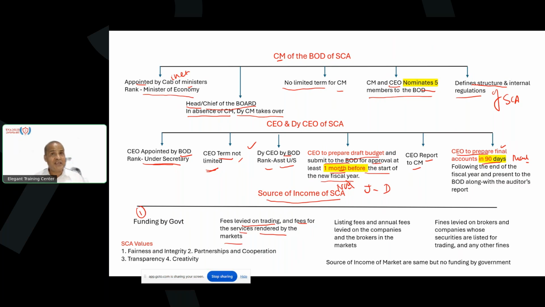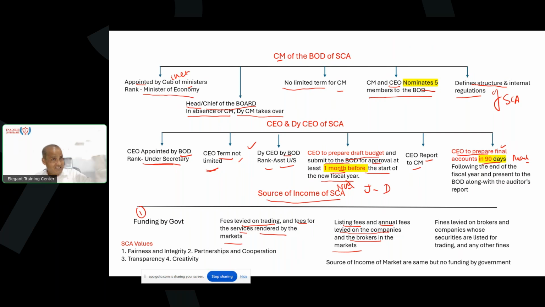The market is taking fees from you. You are buying and selling shares, you are paying transaction fees, so a portion of that also goes to SCA. Then listing fees and annual fees levied on the companies, the brokers and markets. SCA is a licensing authority.